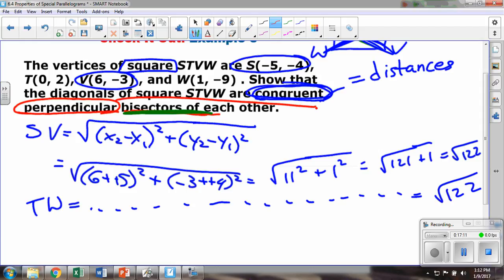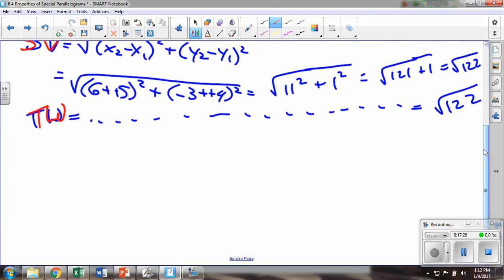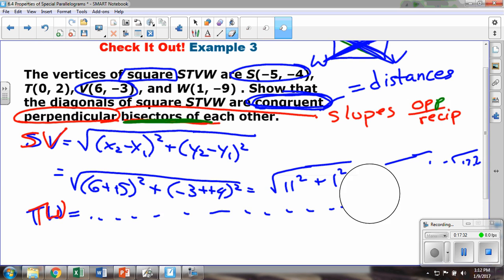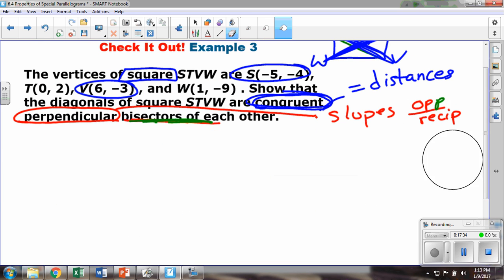And so to get this one, we're going to have to crunch the numbers, getting the slope of SV, getting the slope of TW. And so now we've got the task of where does slope come from? And I'm looking at this and saying I want to clear up some of the space because I don't want to have to bounce back and forth.